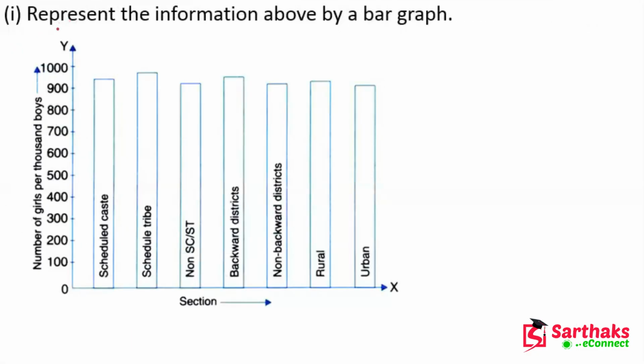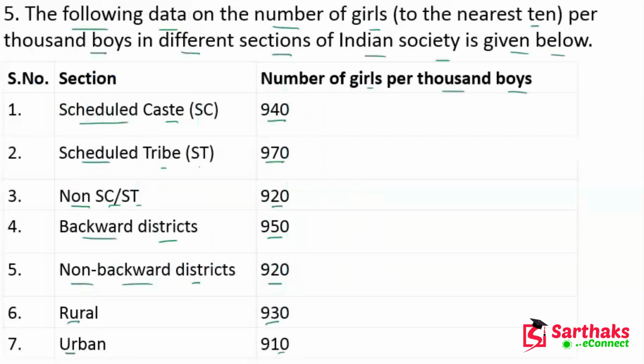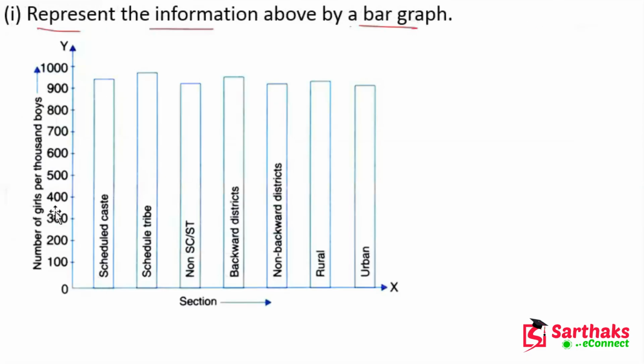The first part of this question is: represent the information above by a bar graph. Here we are taking the different sections on the x-axis, and the data on the y-axis, the number of girls per thousand boys.